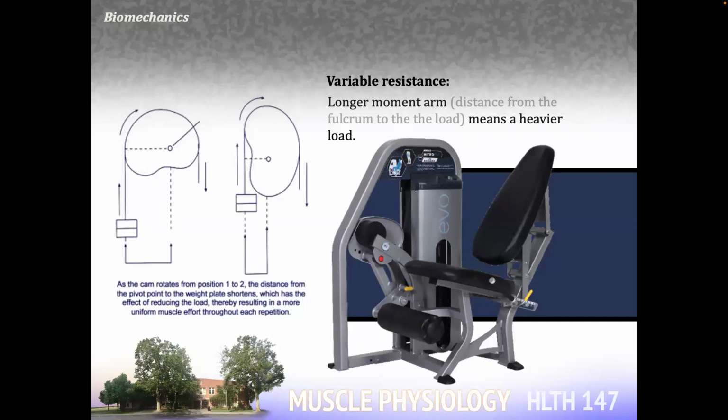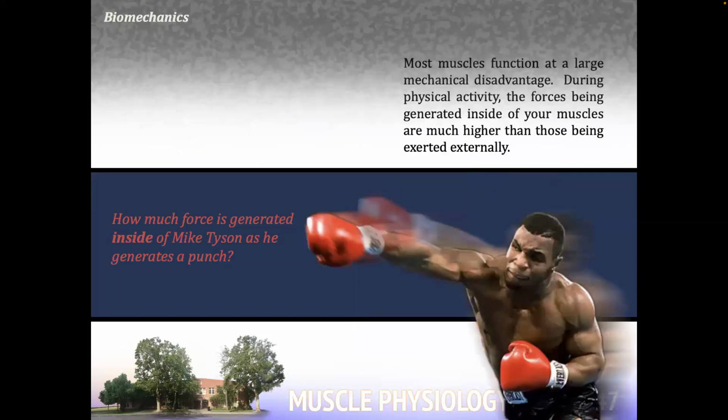That's the goal. Again, the equipment is never quite perfect or even really all that good in terms of how the load gets distributed throughout the range of motion, but that's the principle. That's the principle of variable resistance machines: to match the load to the length tension relationship capacity of the muscle.